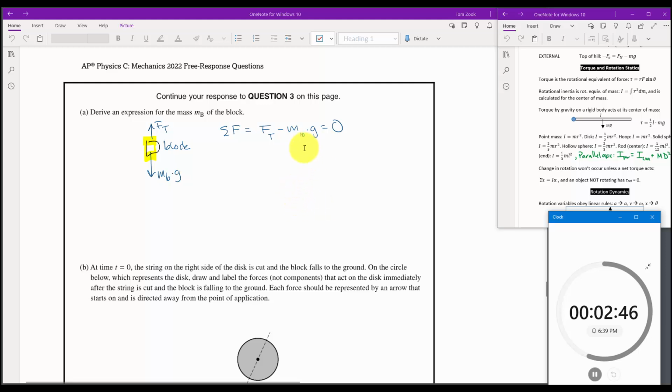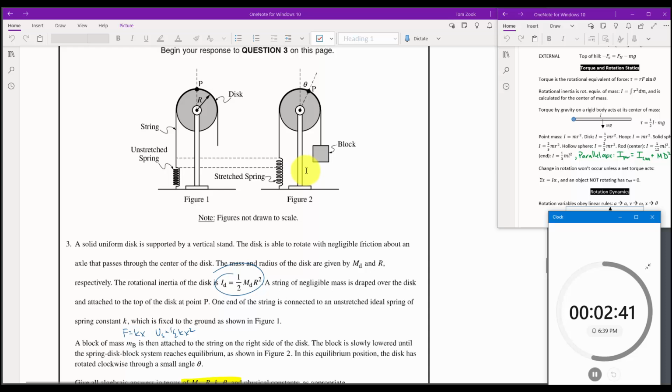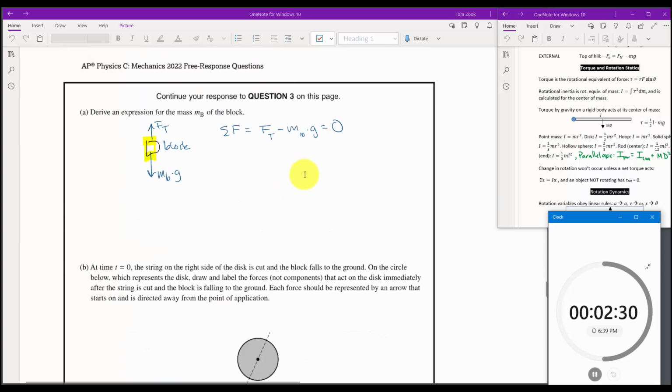So we want to get an answer for that in terms of everything else, which means, like any good old pulley problem, we have to have something for the force on the other side. And the force on the other side is coming from the spring pulling down. So this goes around a pulley, there's a spring.